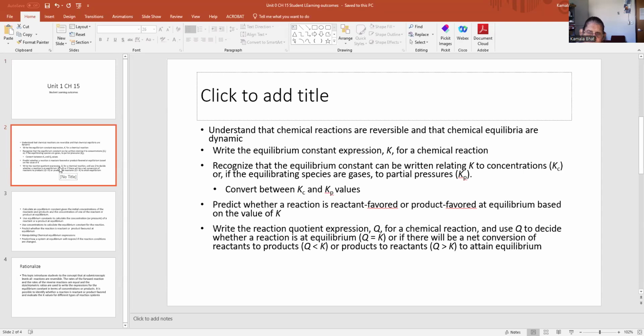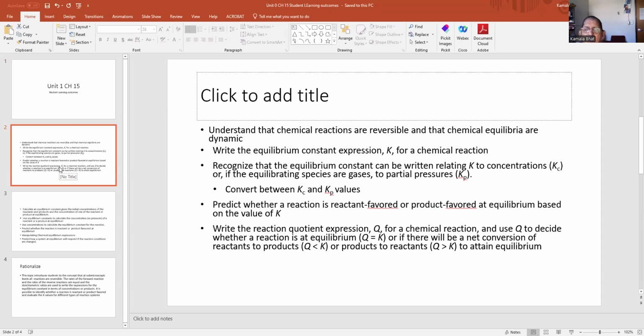First and foremost, at the end of chemical kinetics, chapter number 14, we found out that chemical reactions are reversible, especially when considering elementary conditions.